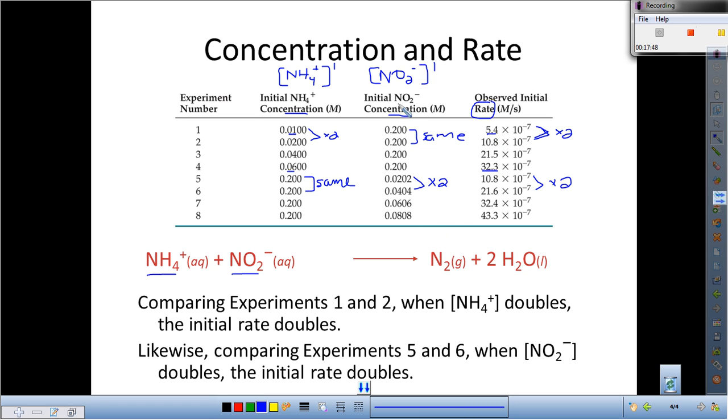Now that I have my orders, I can come up with a rate law for this. I'm going to write the differential rate law.